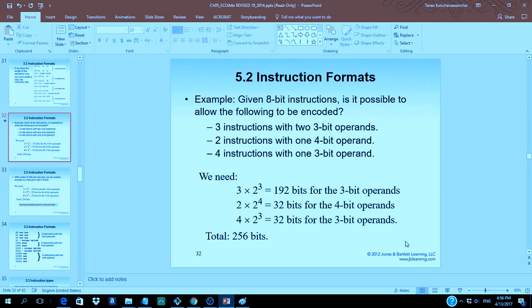I thought it was. Alright, so given an 8-bit instruction, is it possible to allow the following to be encoded? Three instructions with two 3-bit operands.